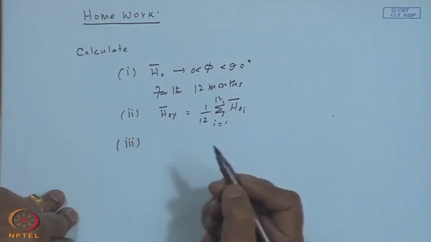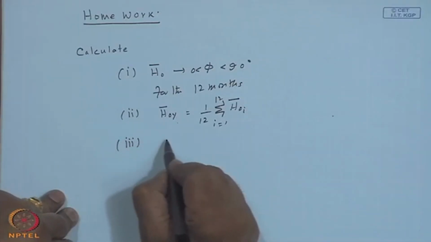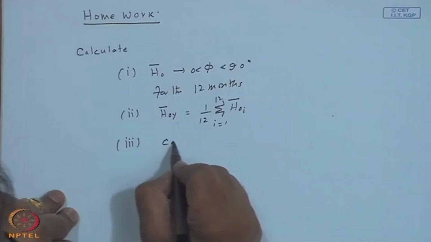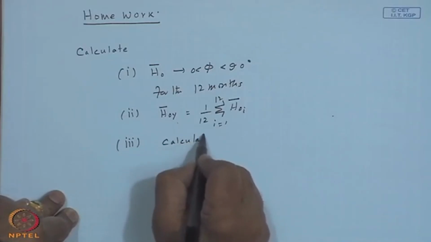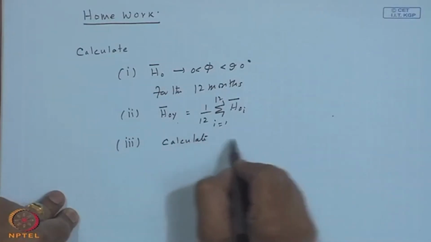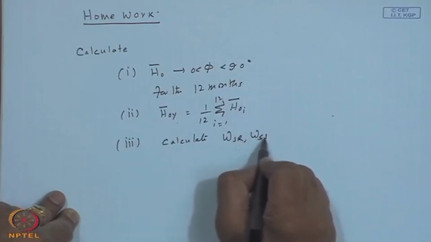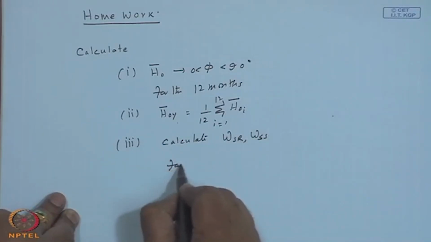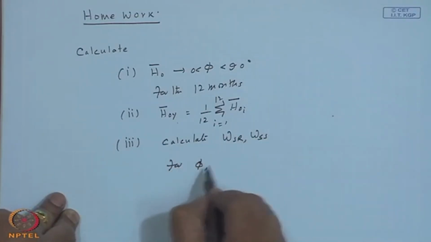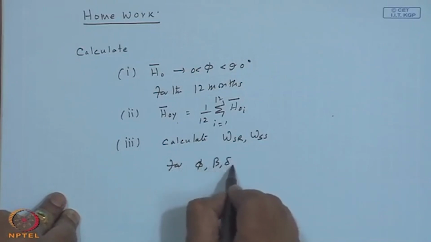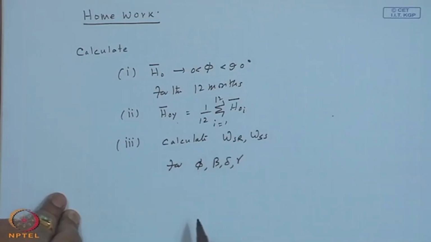And third, you can calculate, as I have already said, omega SR, omega SS for different phi, beta, delta and gamma.